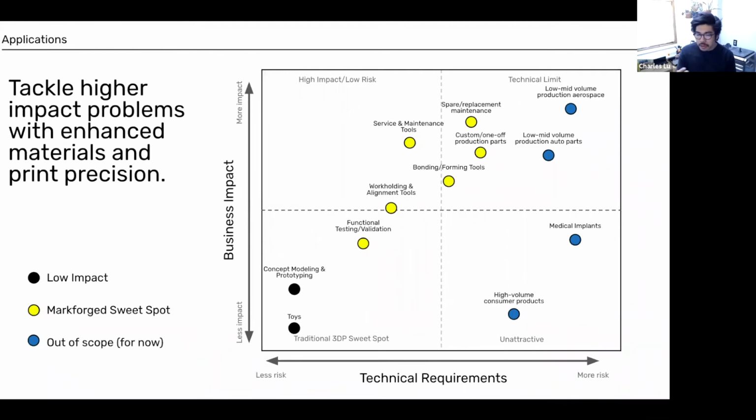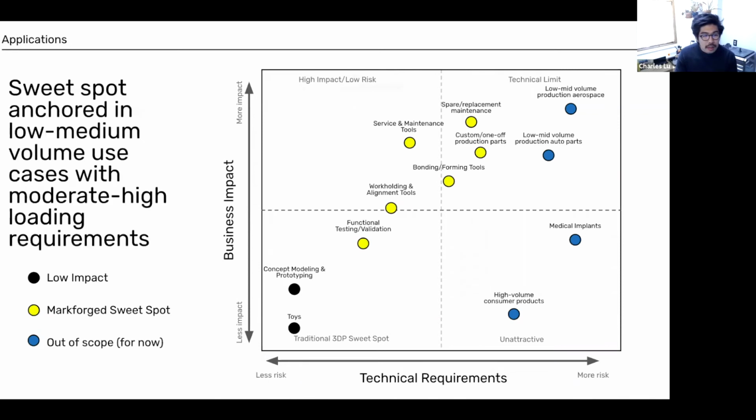And then you start getting into low volume production and specialty parts that are designed for the process. So yeah, the sweet spot is in low to medium volume with moderately high loading requirements. And that's really kind of the sweet spot for Markforged.